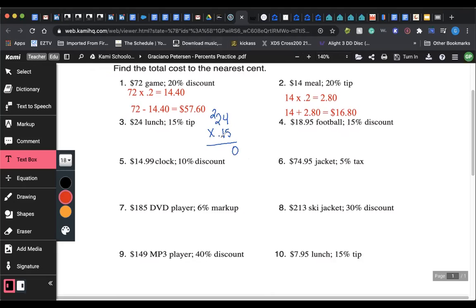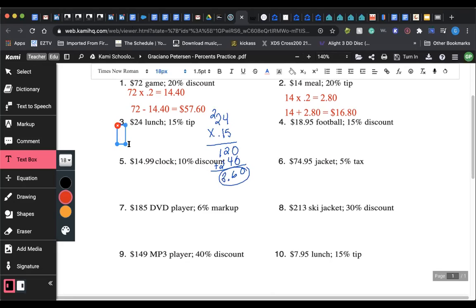And that'll give you $3.60. Good. So I have $3.60. What do I do with that 360? You basically want to add it up to 24. Good. You're going to add it to 24.